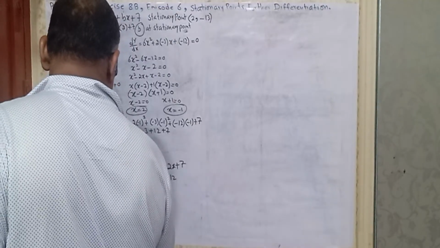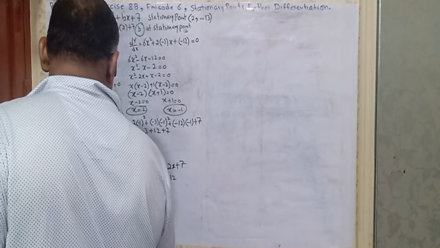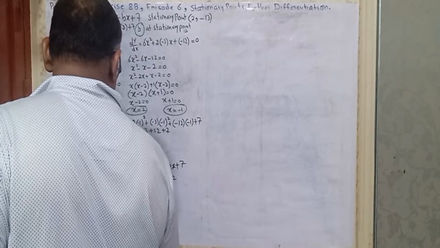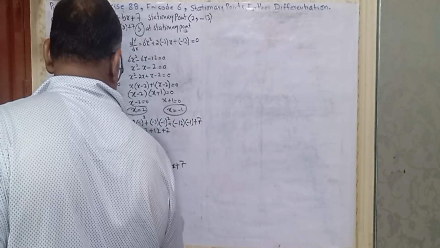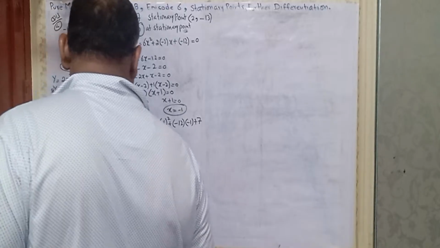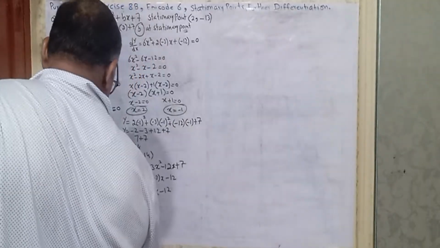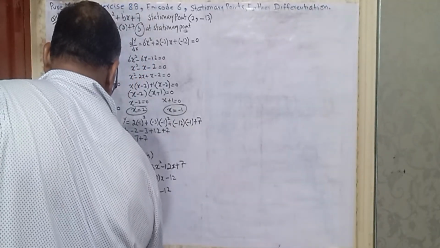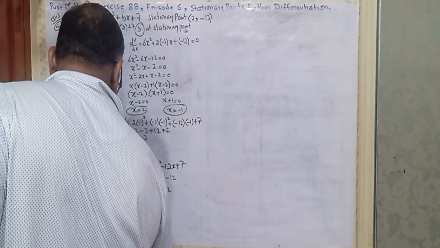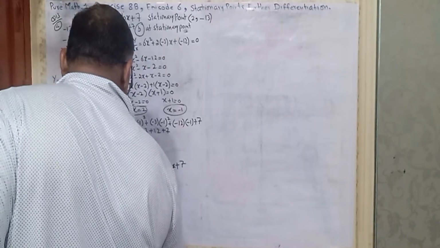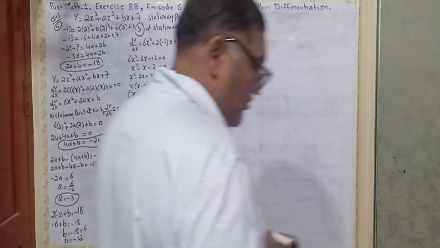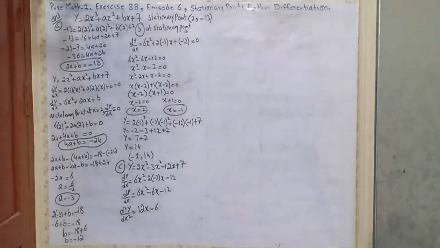So my dy by dx is equal to 6x square minus 6x minus 12. Now I can find the second derivative. The second derivative, d square y by dx square, will be equal to 12x minus 6. Now you see we have found the second derivative.